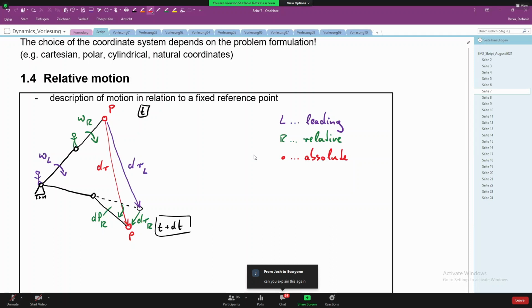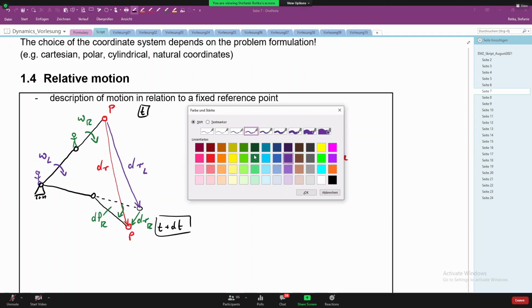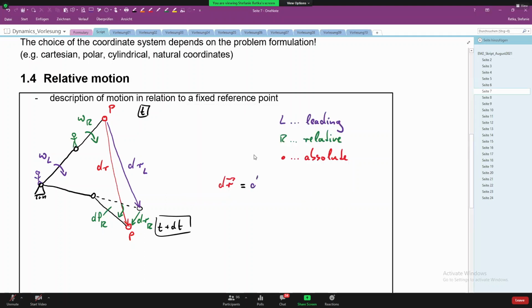I will write it once for the position using the colors. dr, our absolute change in position, can be found by the change due to the leading motion plus the change due to the relative motion.